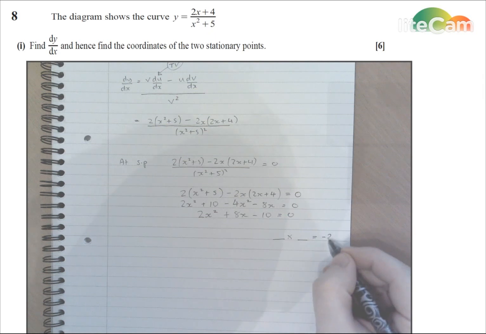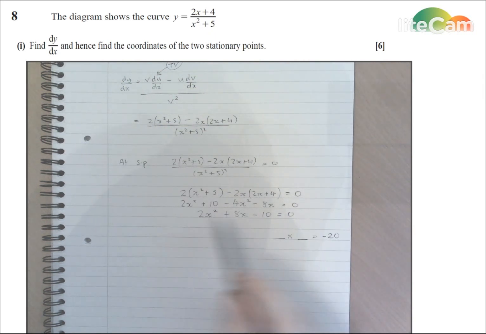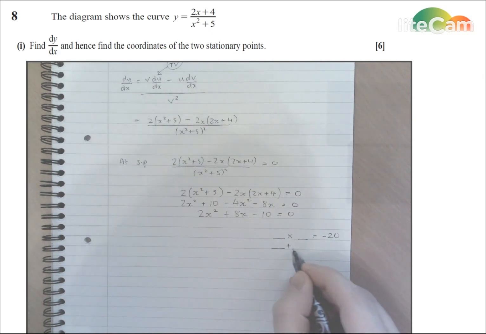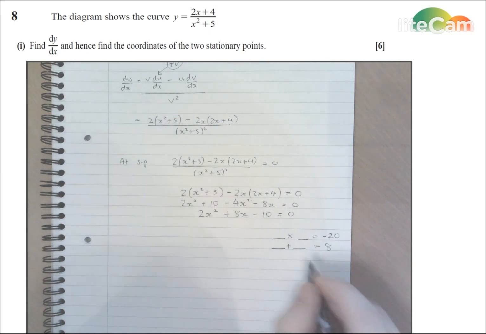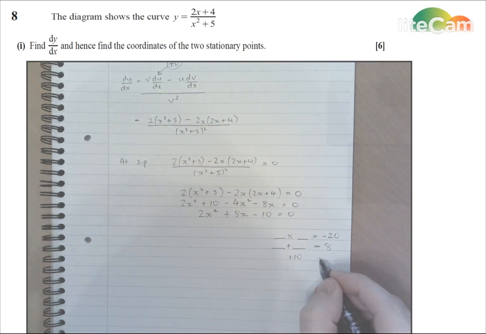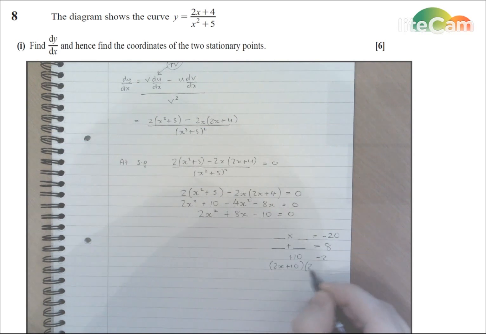I'm looking for two numbers that multiply together to make minus 20, because a multiplied by c in this quadratic is minus 20. I also want two numbers which add together to make 8, which is b, and the numbers that are going to allow me to do that are plus 10 and minus 2. So I'm going to put a bracket here, 2x plus 10 and 2x minus 2.